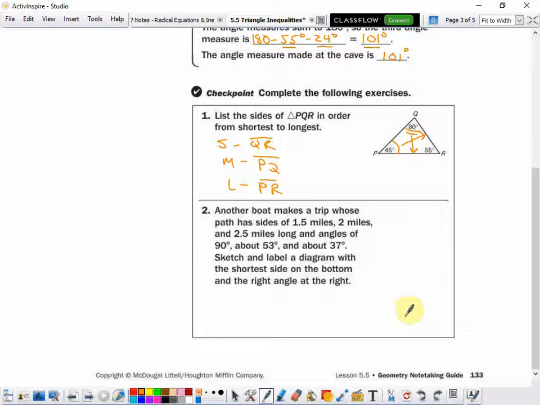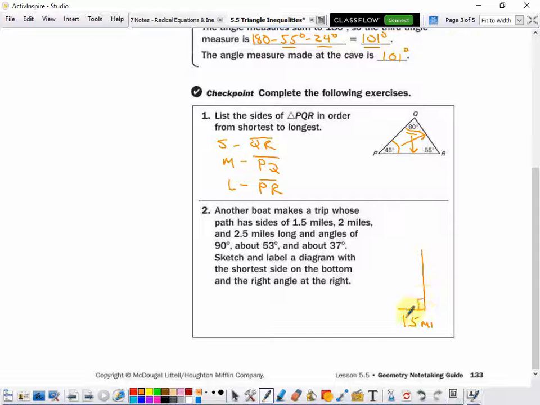The shortest side has to be on the bottom, and that would be 1.5 miles. Okay, so then the right angle is at the right. So it's either here or up here. We're going to need to put it down here. We'll make that a right angle.